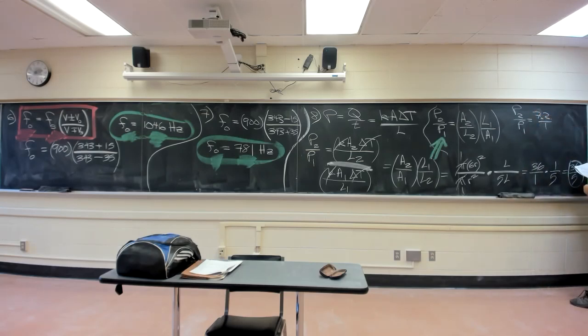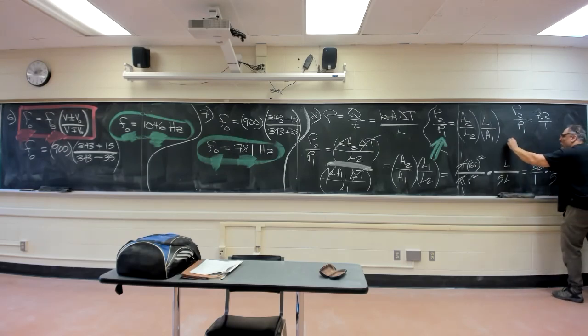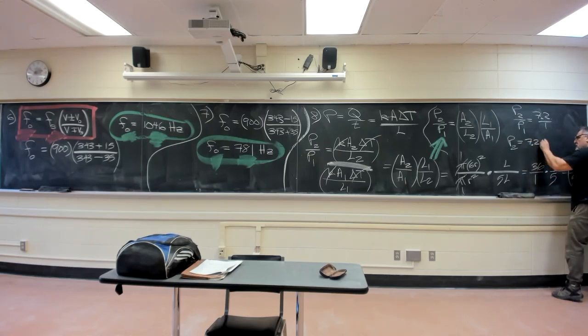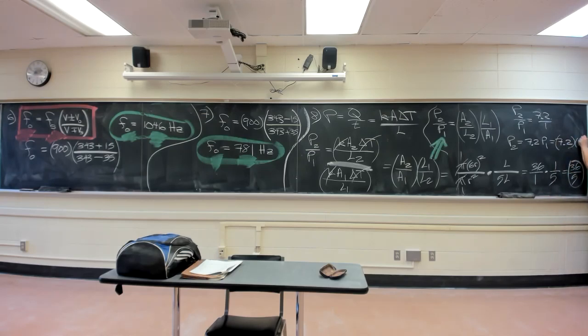So what power is transferred? You'd multiply by P1 on each side. P2 is 7.2 times P1, 7.2 times 80, right? 576, I think.